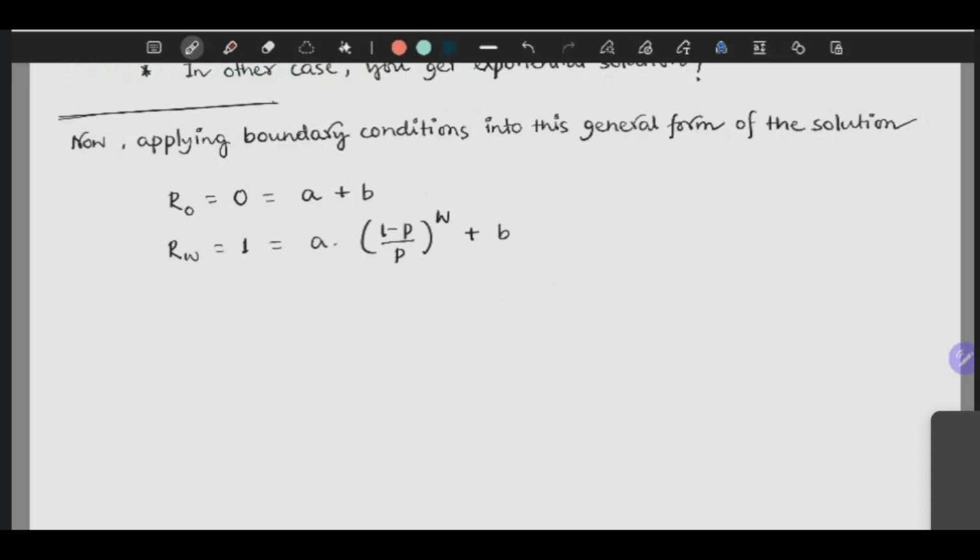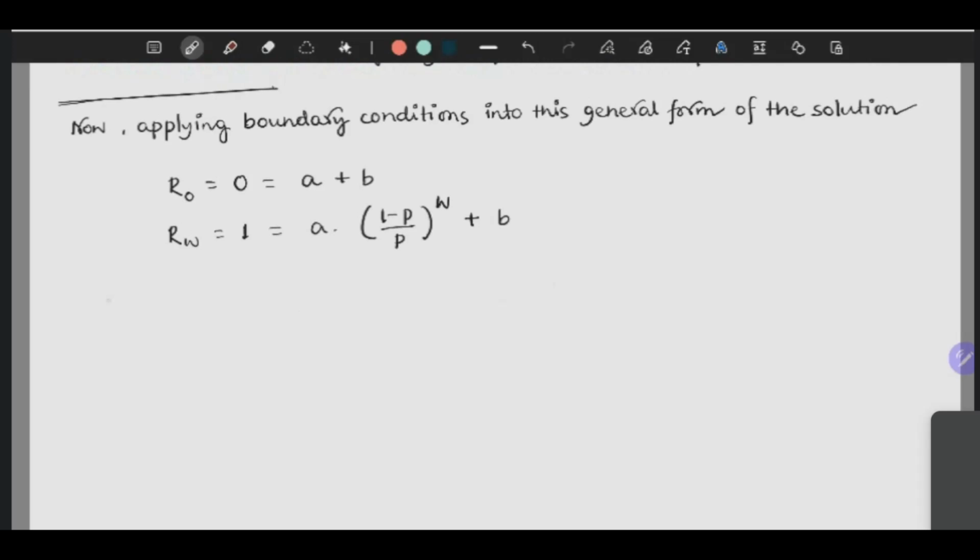So let's say you subtract this from this. This is equation 1, this is equation 2. So a times ((1 minus p by p) to the power w minus 1) was 1.